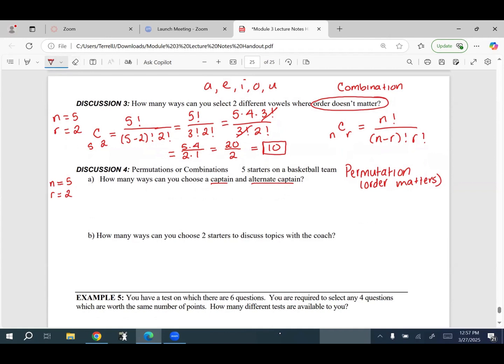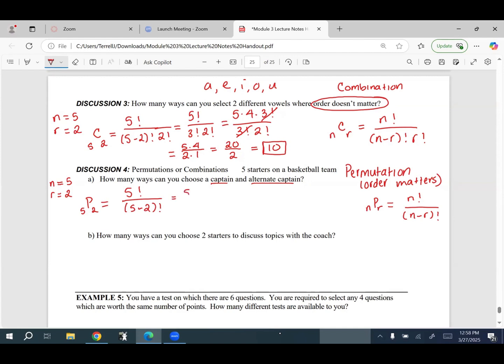And so what we're doing is, and I'll write the formula here, nPr. It is n factorial over n minus r factorial. So this is 5P2, 5 factorial over 5 minus 2 factorial.